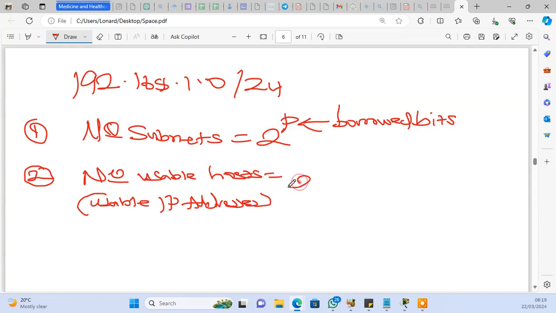So it's 2 power any number still, maybe you can call it x, minus 2. So this x represents the host bits.